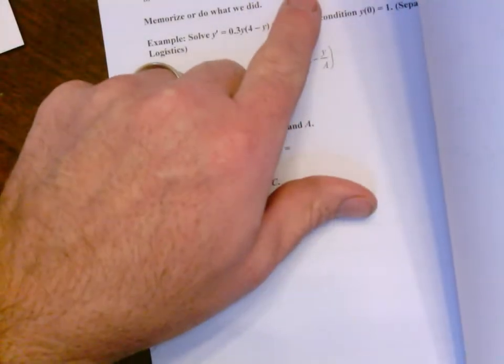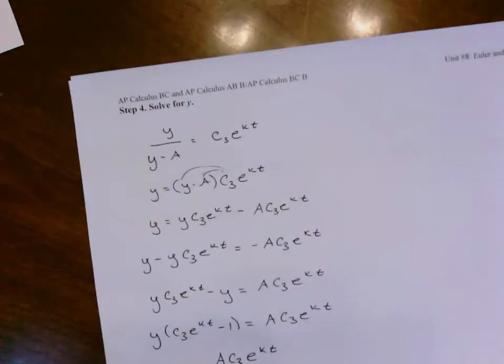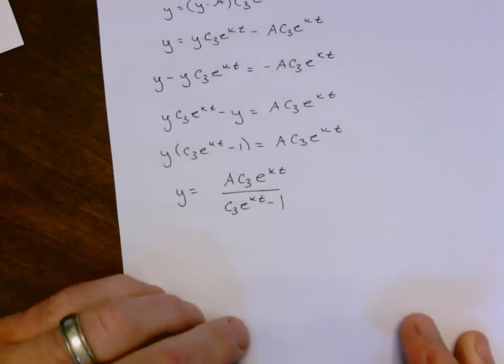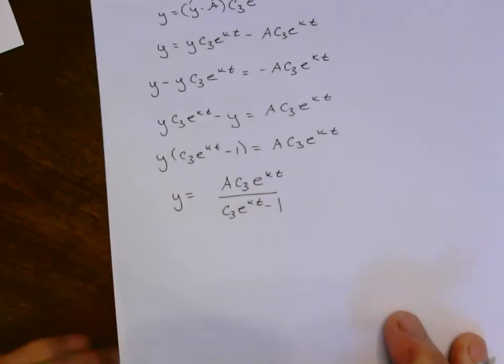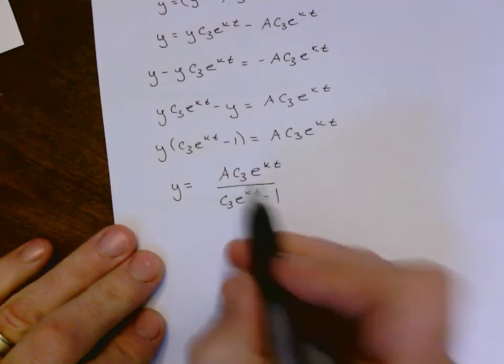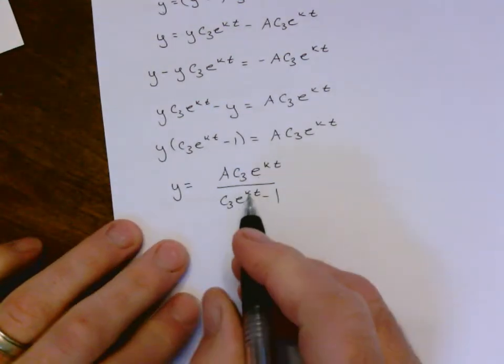We're trying to get to that, which looks nothing like that. But if you notice, the top only has an a to it. So what I'm going to do is try to cancel the c3 by factoring it out of the bottom.